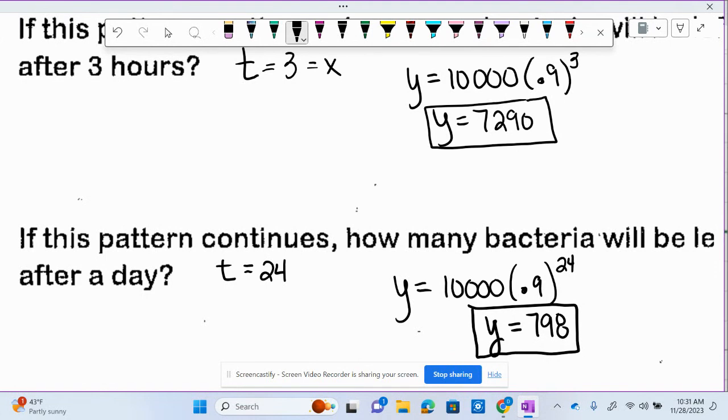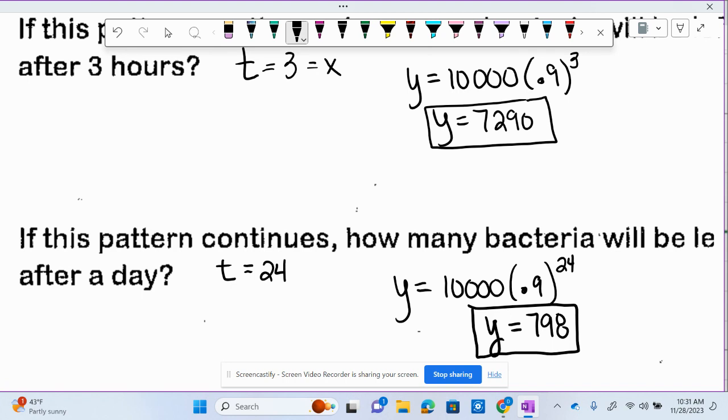Let me know when you have it and I'll come check. No shout outs. Just type it right in your calculator. No Y equals or anything. Just show me on your calculator. Perfect. So what are you going to write that as? If you round it to the nearest whole bacteria, like no decimals.